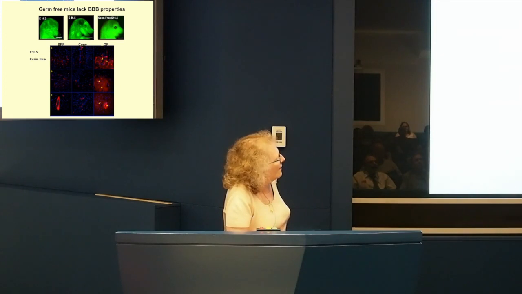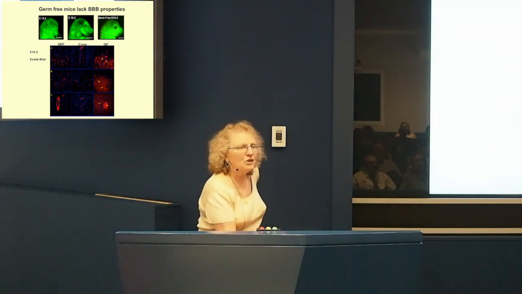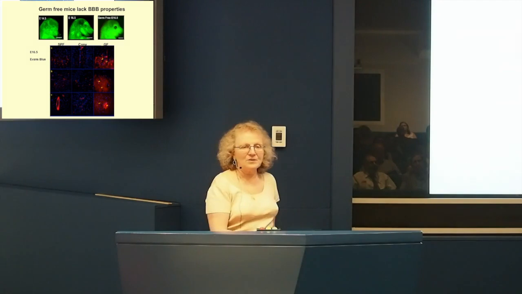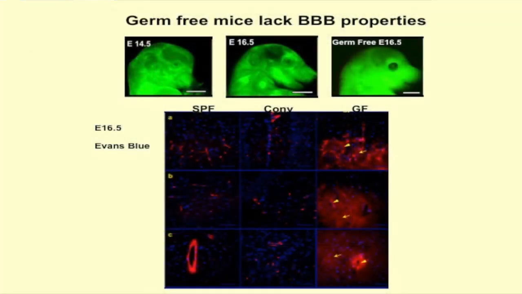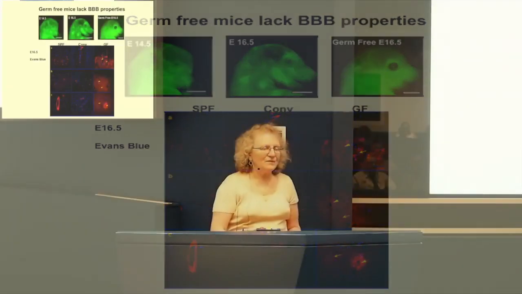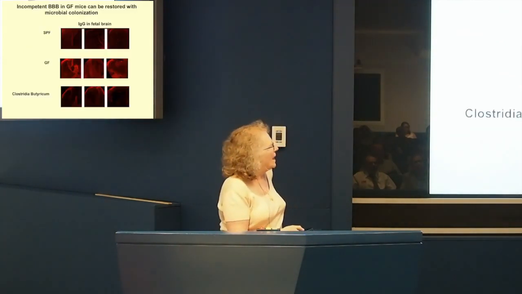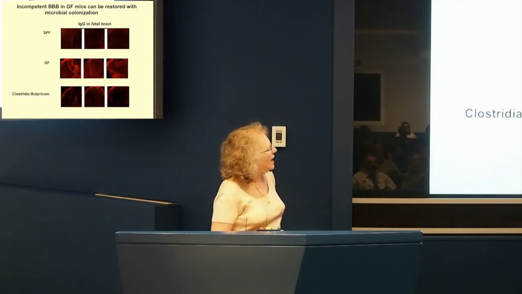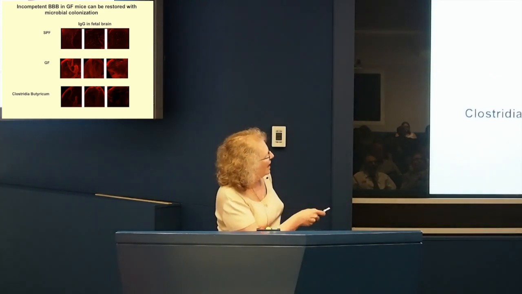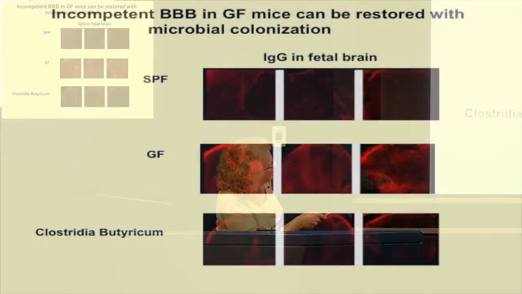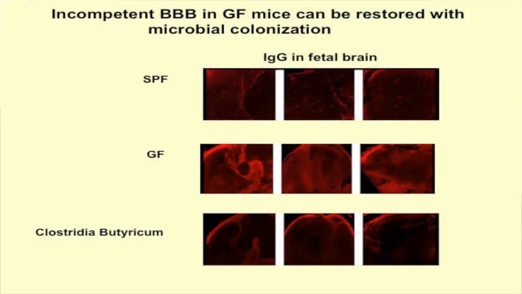If you look at Evans blue on E16, you see three different mice from a germ-free facility, and you can see that they have Evans blue albumin throughout the brain, whereas specific pathogen-free mice or conventional facility-grown mice that have gut flora don't have that. And this shows immunoglobulin that is not present in the brains of these mice on E16, is present in the brains of germ-free mice.